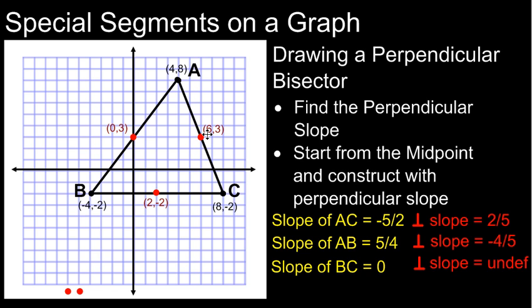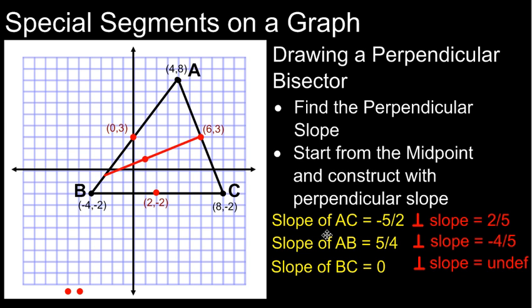But since the slope is up 2 over 5, I can also go back 5 and down 2. Now that I have those 2 points, all I have to do is connect them, and we have our perpendicular bisector. And if you remember, a perpendicular bisector doesn't necessarily have to go to the vertex.